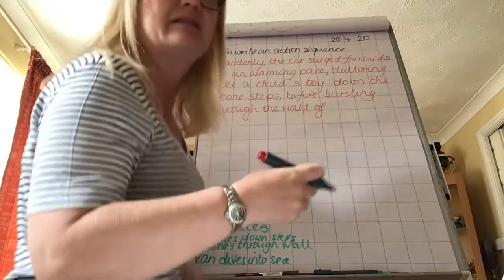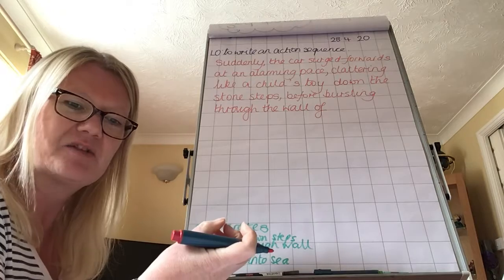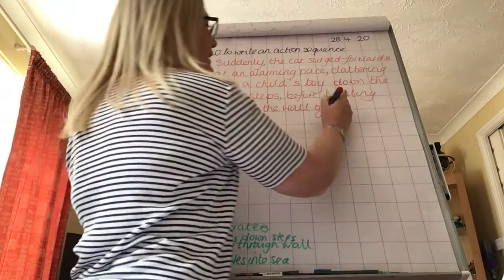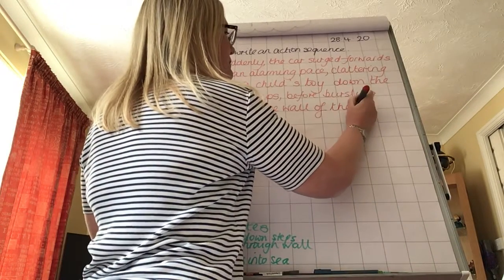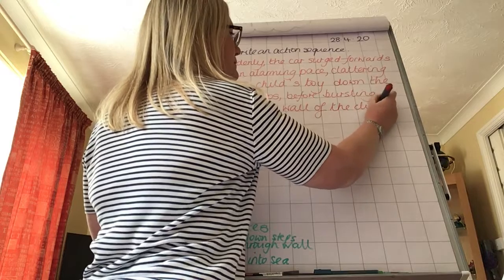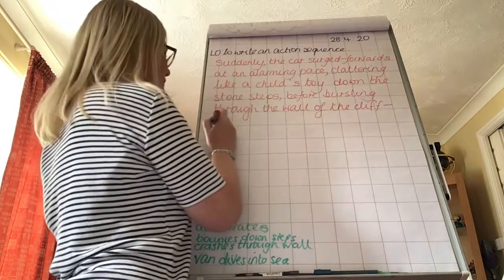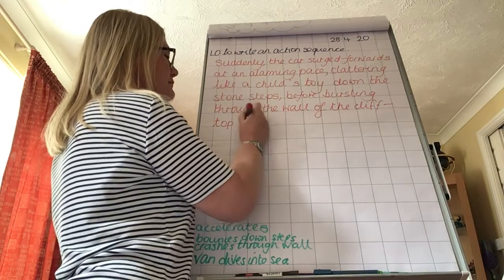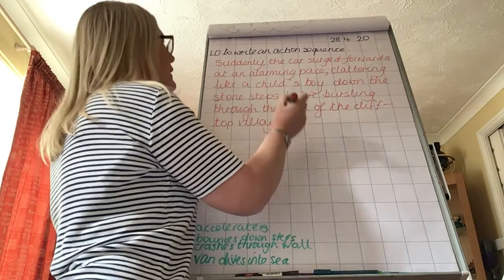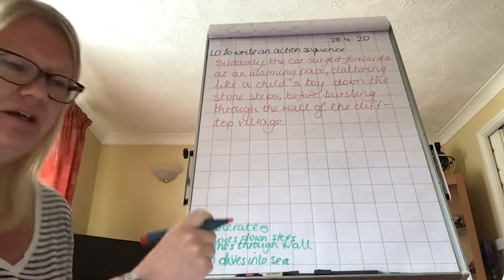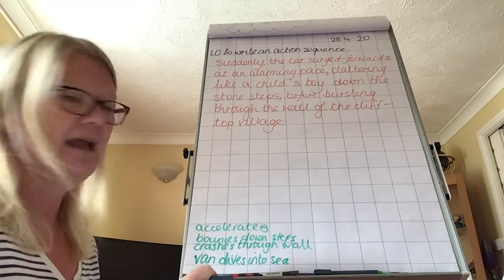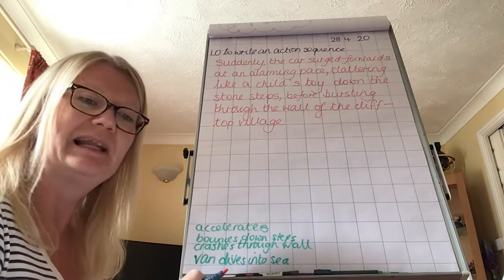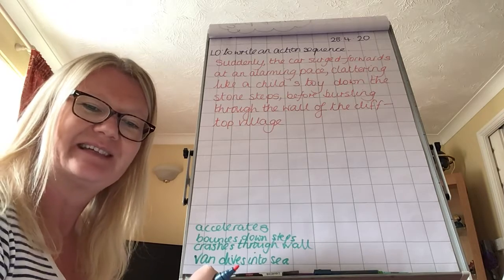Which wall is it? Let's get description in as well of the cliff top village. Hyphen, because it's a cliff top. Cliff top village, and diving into the sea would be a little bit of an anticlimax, wouldn't it?